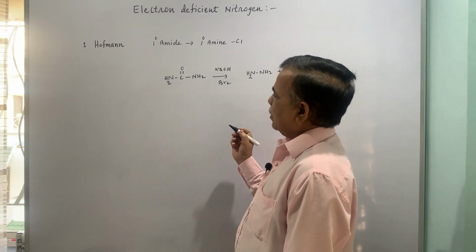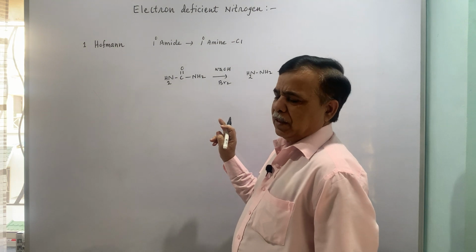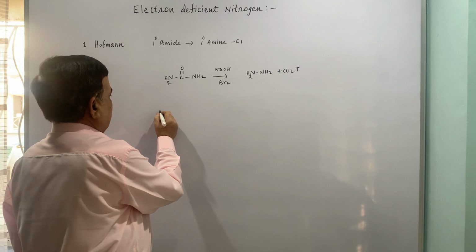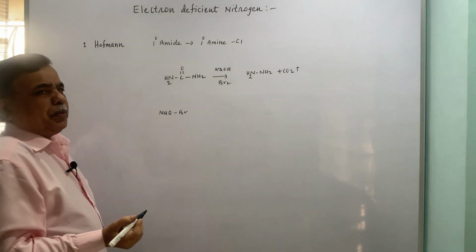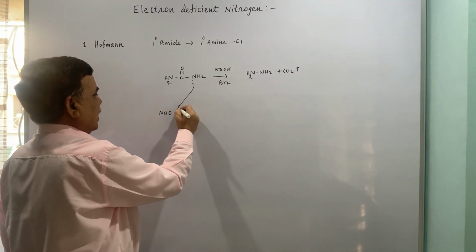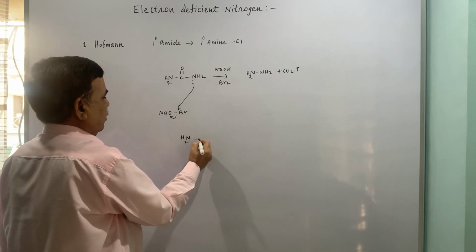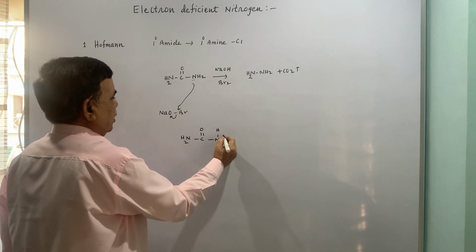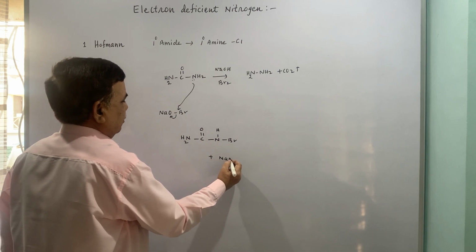So, first of all, the interaction between NaOH and bromine will make it NaOBr. So, NaOBr is the actual active species. When one of these attacks here, NaOH goes off and what we will be having is NH and Br plus NaOH.